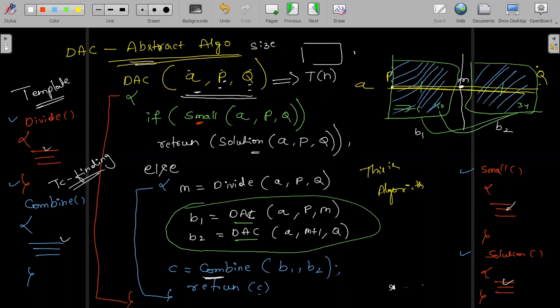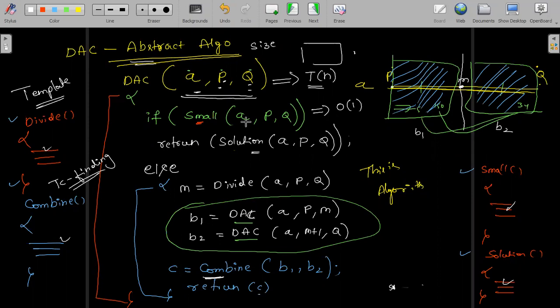I already told you this is a function, that is why I took T of n, meaning n number of inputs. If the small condition is true, it executes only one time. That is why we say O of one, because it is constant time. If it is small, it will just return.